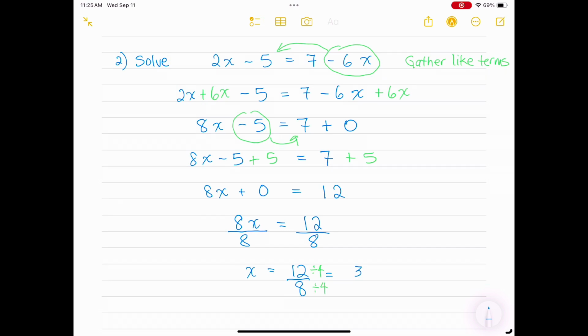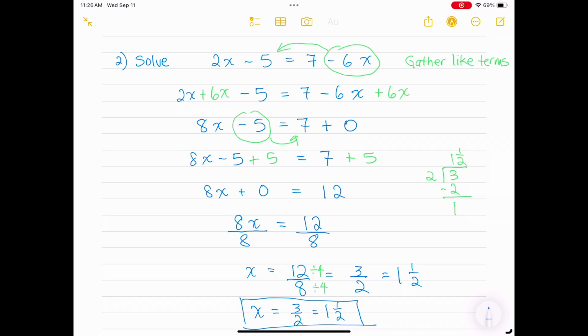I simplify that fraction. I see that both 12 and 8 are divisible by 4, which gives us the equivalent fraction 3 halves. 3 halves is 3 divided by 2, which simplifies to 1 and 1 half. So the solution is x equals 3 halves, which equals 1 and 1 half.